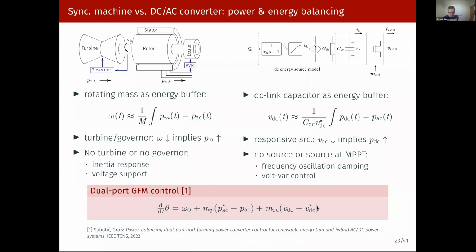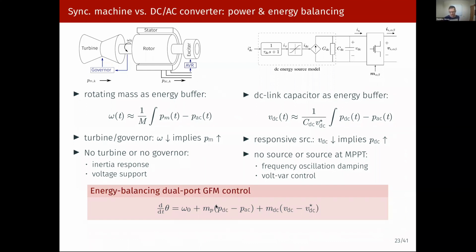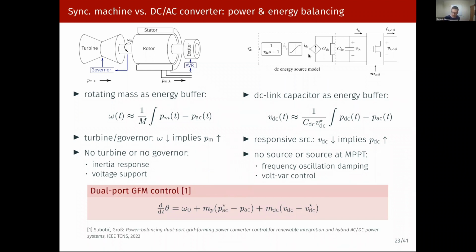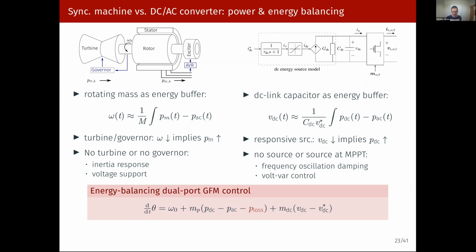You can change this, and wonder why should I have this AC power set point here if that's not in line with what the DC source is proposing? So you could also put the difference between DC and AC power here. Another variation is you could try to account for losses, which you don't really know, but you could estimate them.